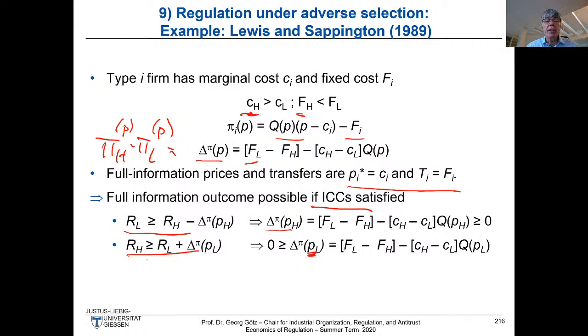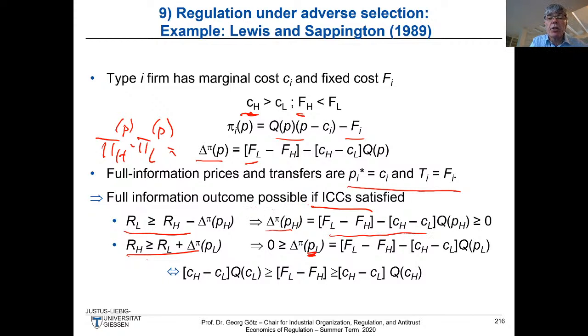But what does that mean? Now, that's what I try to show you in the next line here, because now we have two conditions on actually very similar expressions, okay? And these two conditions must hold at the same time.